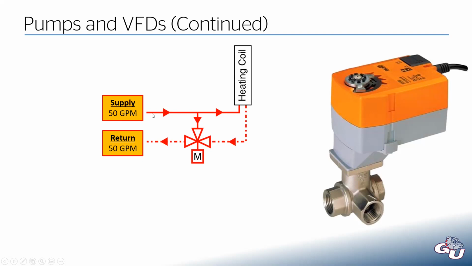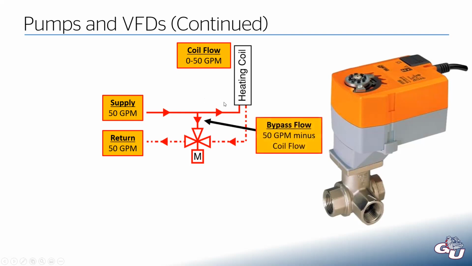So if we look at this, we can see we have a split right here. We can send some water to the coil, or we can send water straight into the bypass. And as this actuator opens and closes, it will either send more water to the heating coil and less through the bypass, or vice versa.